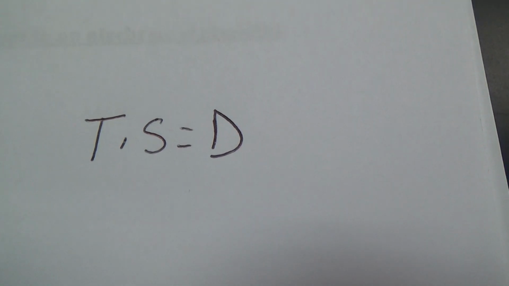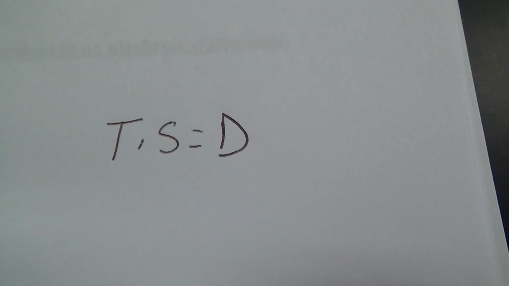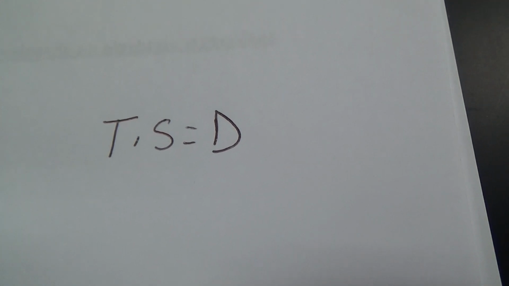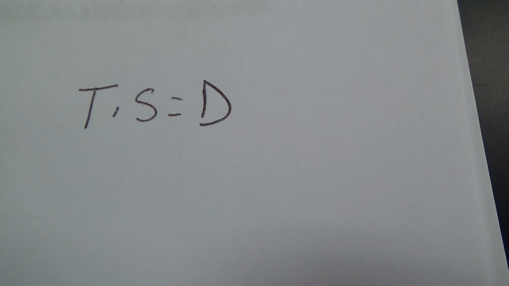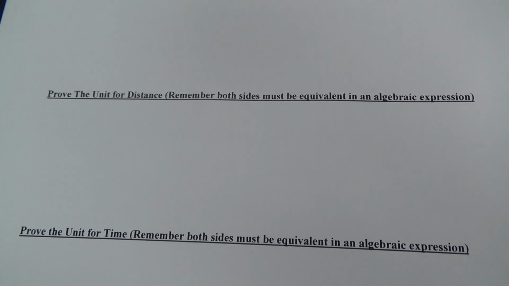This means that if I do this, this is equal to this. Again, both sides of an algebraic equation with an equal sign have to be the same. But wait a minute, I see a D on one side and I see an S and a T. But if you multiply speed times time, you get the distance. And we'll show you that when we prove the unit next, which is very important. All right, look at that. It's amazing what happens when you actually dissect things and take some time and think about it.